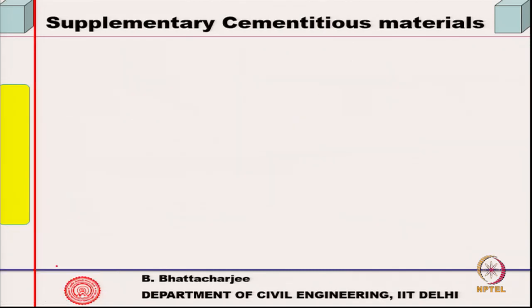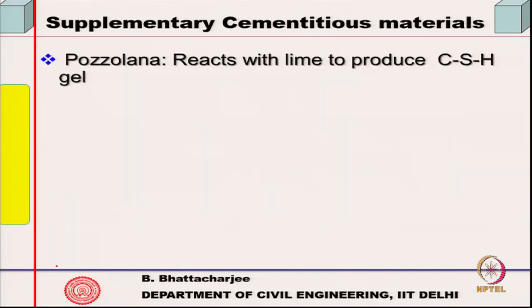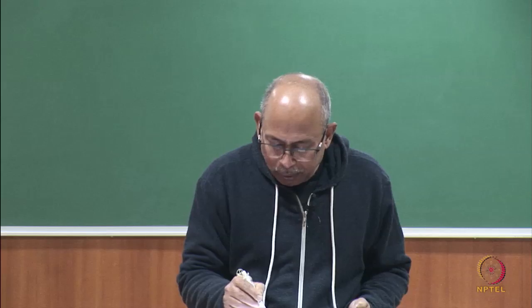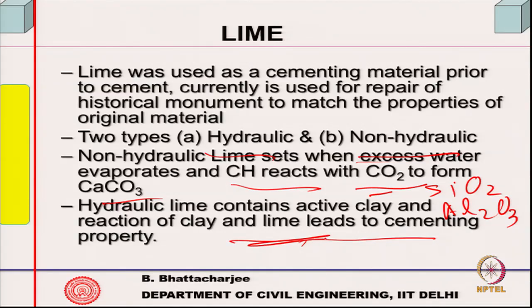This was actually discovered long back. So, Romans used this for their viaducts and things like that, and that is why the name pozzolana came into being. So, this reacts with lime because it is reactive. So, same reaction as I was just mentioning, lime, some active clay reacts.